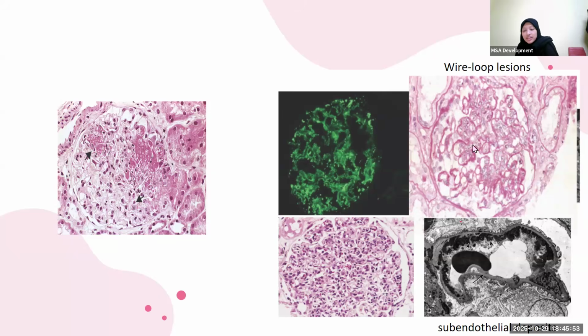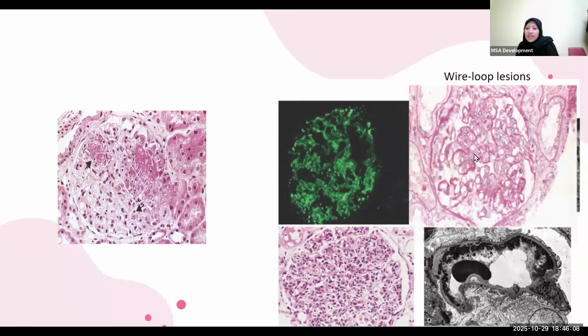All of this is the same thing. Here, a differentiating factor again, from here and here, is you will see something called wire loop lesions. So they look like loops, right? Loops of wire. This is part of the type 4 or diffuse, because it is again reacting to these immune deposits. So again, full house, everything will light up, wire loop lesions, and you have deposits.